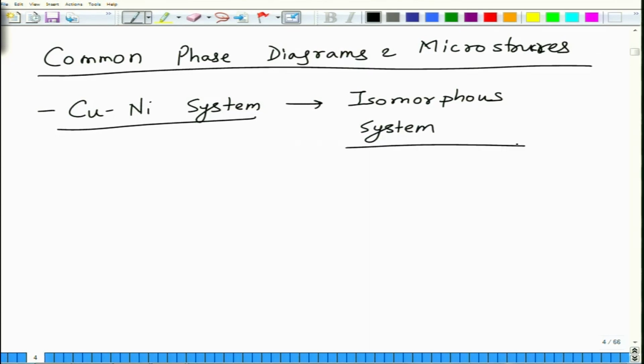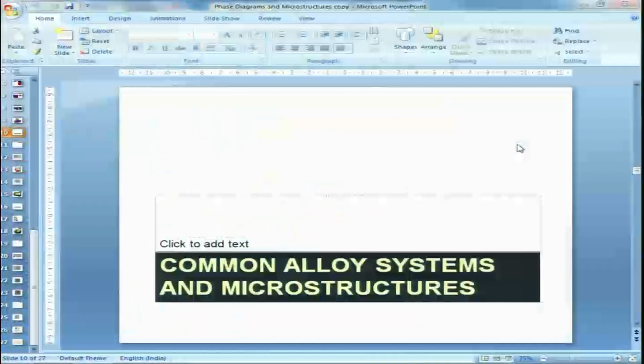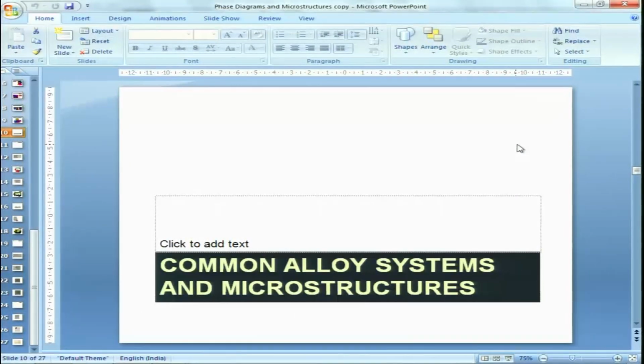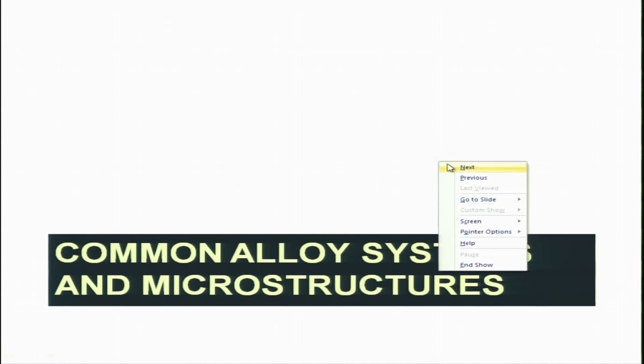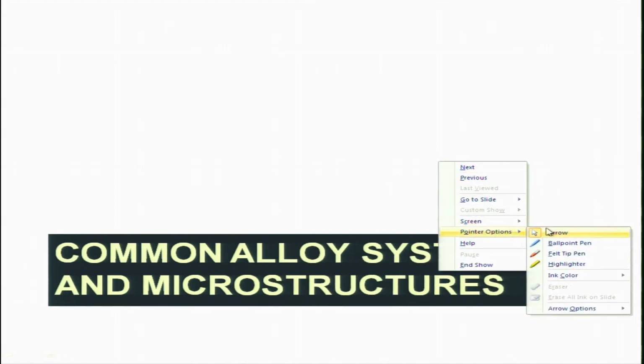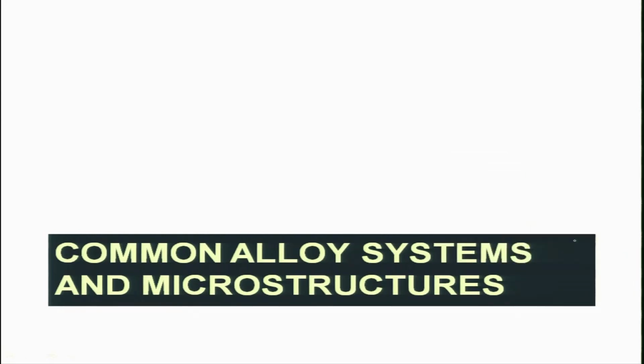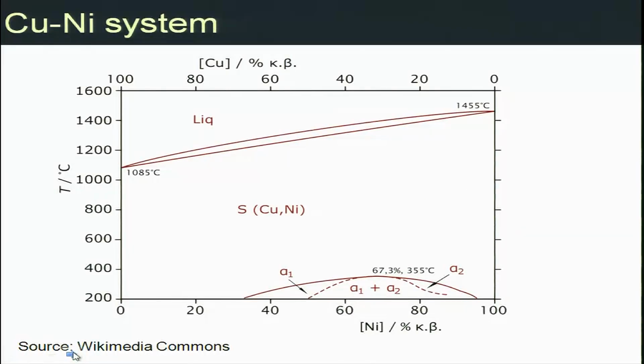So if we now go through the PowerPoint presentation, so here we will look at, okay, so let me say this is lecture number 25 continuation. All right. So now, this is the copper nickel system.